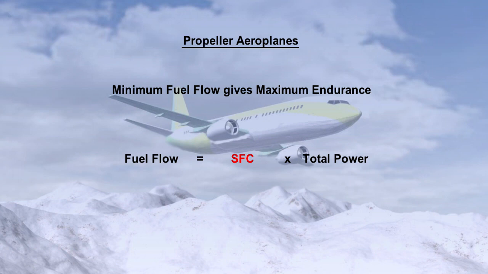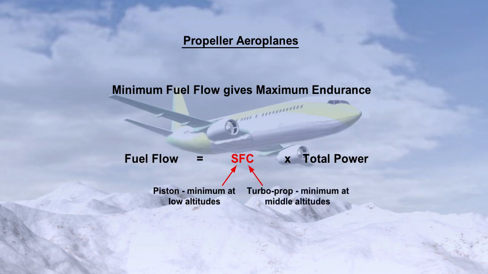Fuel used per unit power, as you already know, is called specific fuel consumption. This value needs to be small, but for the majority of propeller aeroplanes, the value is more or less fixed. However, in very general terms, it is safe to say that for piston engines, specific fuel consumption is a minimum at lower altitudes, whereas for turbopropeller engines, specific fuel consumption is a minimum at middle to high altitudes.